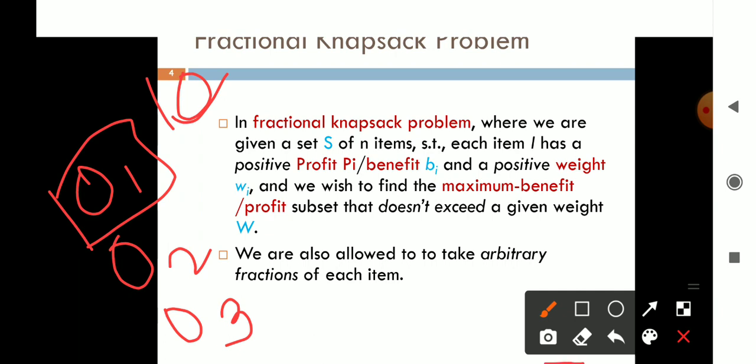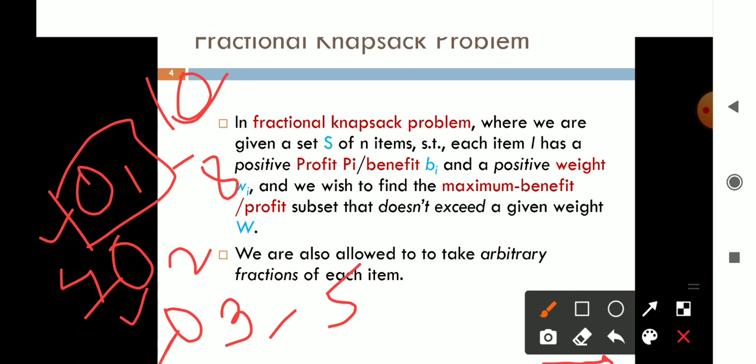The weight of object 1 is 8, the weight of object 2 is 4, and the weight of object 3 is 5. The cost of object 1 is the greatest, then the cost of object 2 is just below object 1, and the least is object 3.